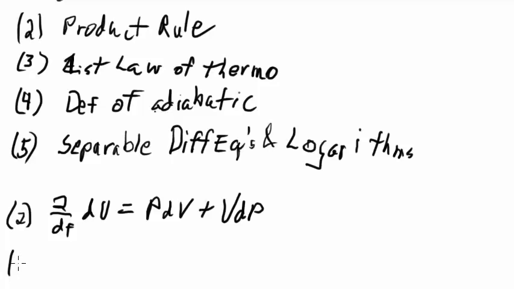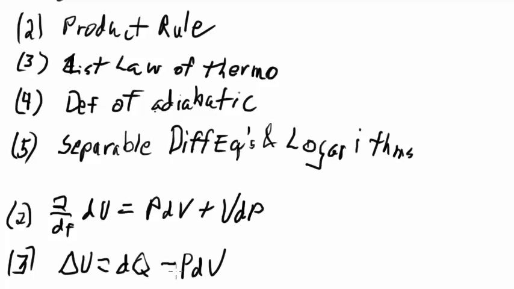Number 3, I'm going to give the first law of thermodynamics. This is written with a lot of different sign conventions, and I'm going to write delta U is equal to, I'm going to just write dQ because it's the heat added to a gas, and I'm going to write it as minus P dV.